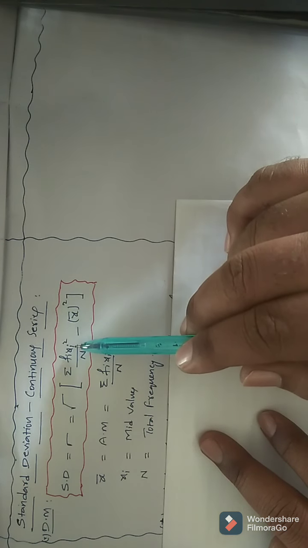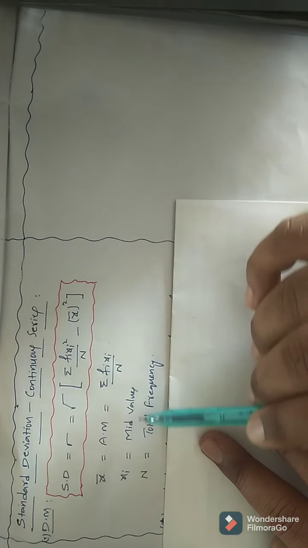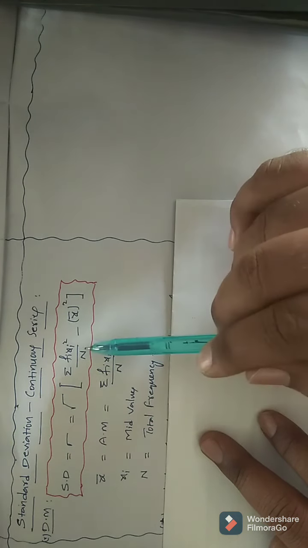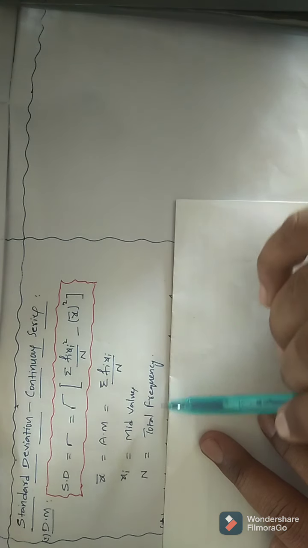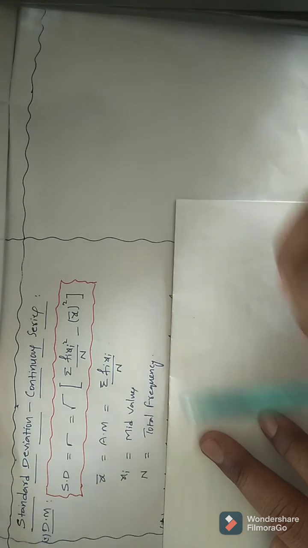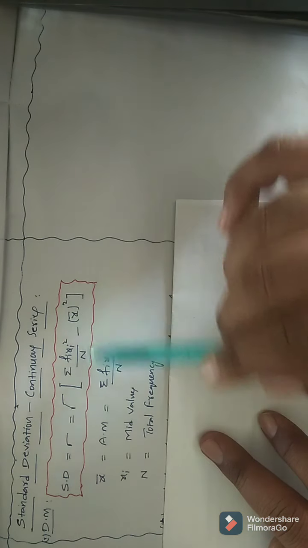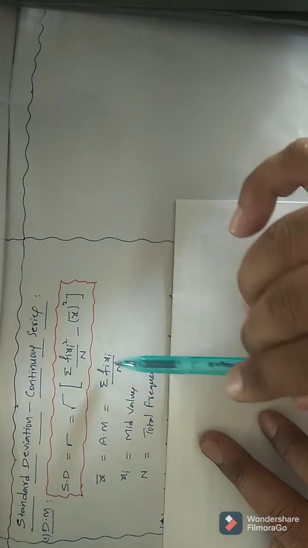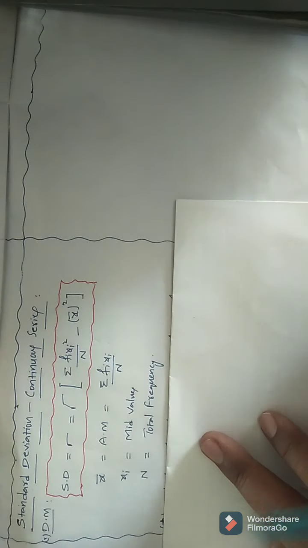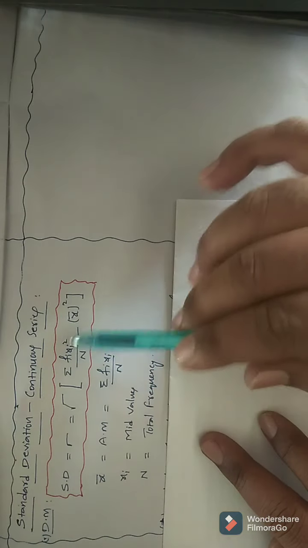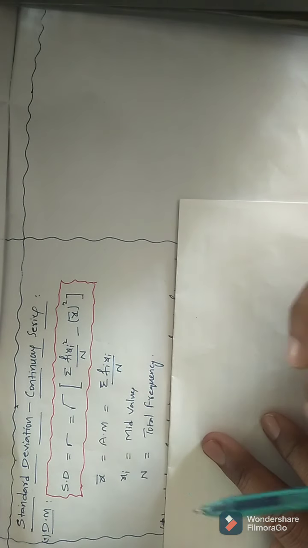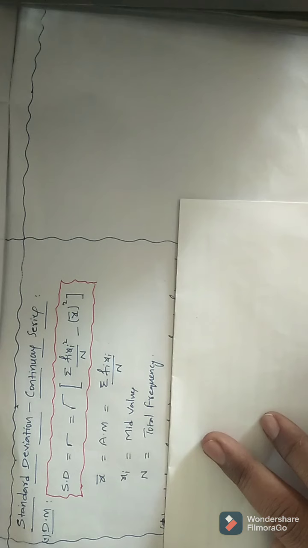You know very well, for the continuous series the xi values are nothing but the mid values, where capital N is the total frequency, or the total of the frequencies. And how do you get x bar? It's the arithmetic mean for the continuous series, sigma fi xi by n. Okay. And under the root you substitute, and you will get the standard deviation.